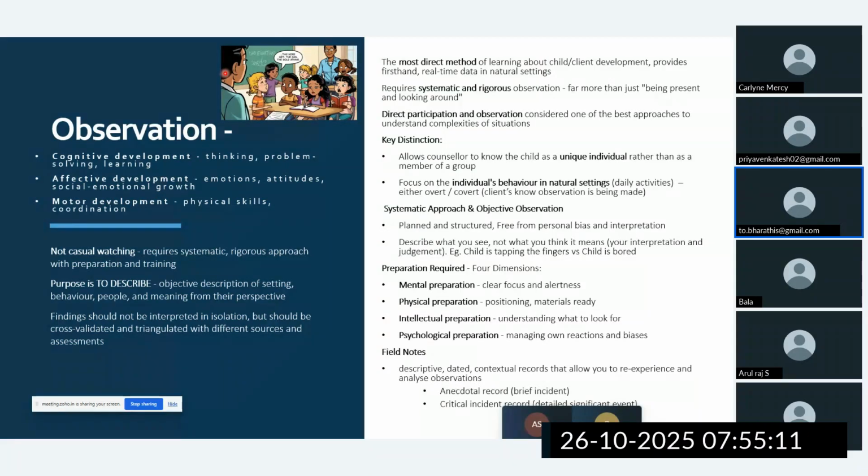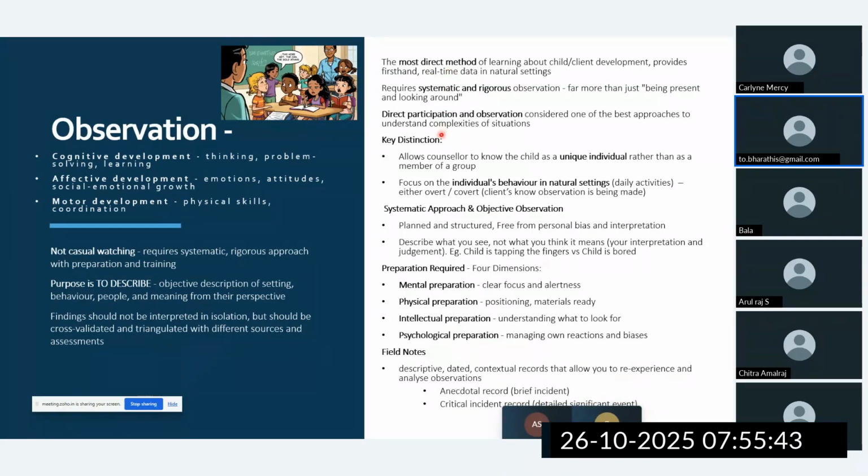Knowingly is called overt. Covert is where you are not telling the child or the group of students that you are observing, but you are still observing and trying to make some reference points. Again, same as your psychology test, it cannot be considered a single source of truth to make any intervention plans for the child or for a client. It is one of the methods which is very, very powerful because it is very direct.